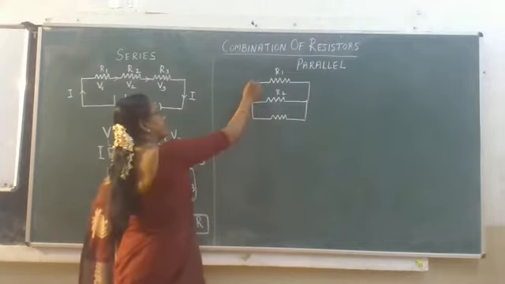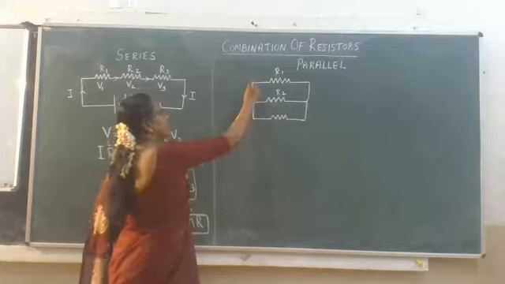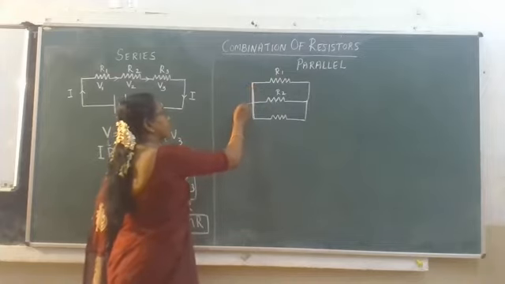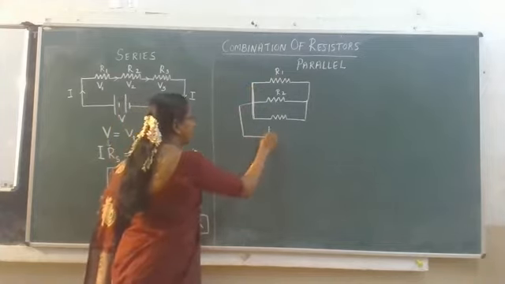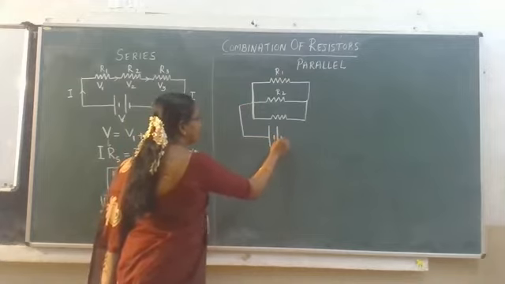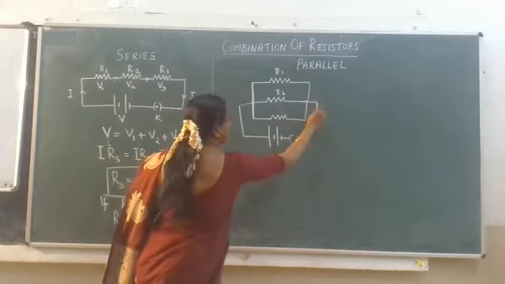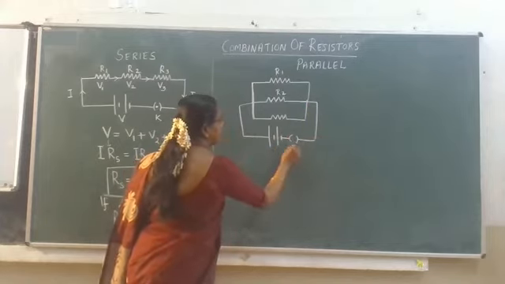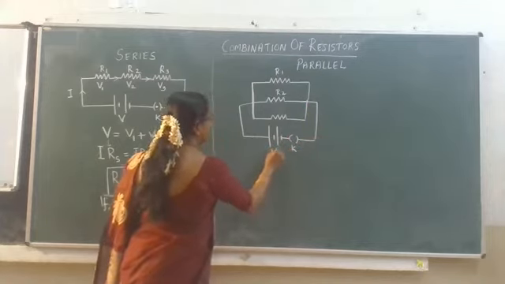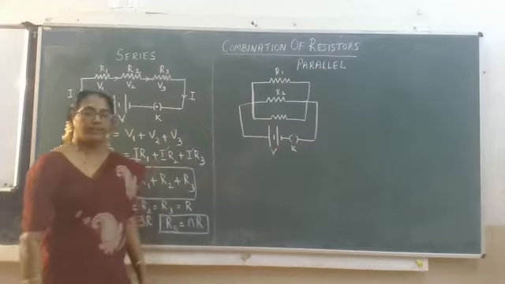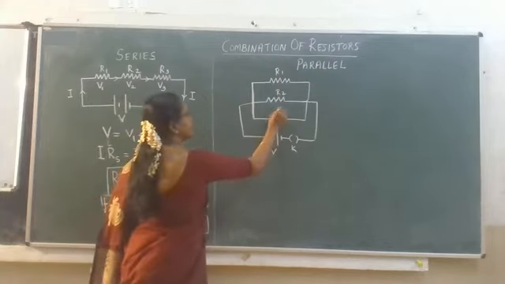All the heads are connected to one common point that can be connected to the positive terminal. The negative terminal through a key can be connected to the other end. This is V volt. Observe the difference.